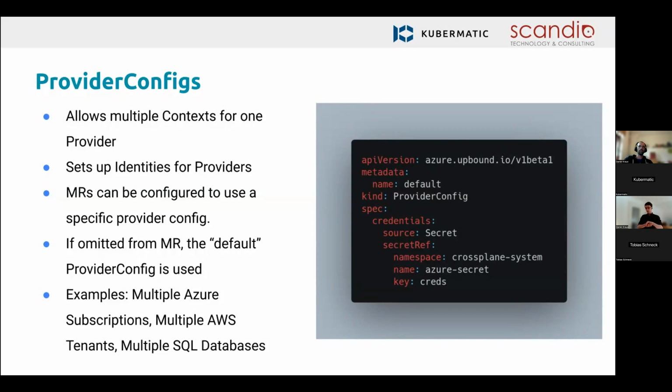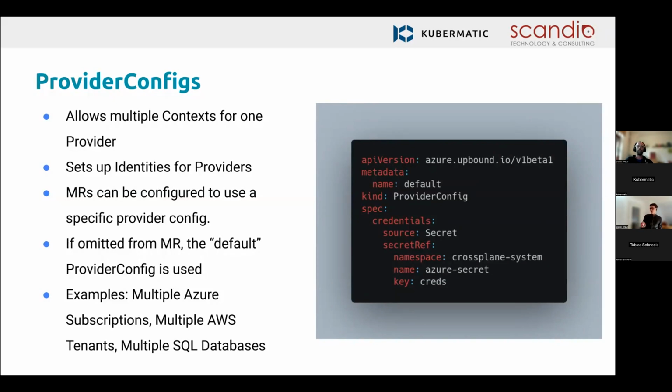For example, multiple Azure subscriptions, multiple AWS tenants. It's the same thing all over again. Its main purpose is to provide credentials to the provider. And if you want to use a certain provider config, you reference that in your managed resources, and then it will be deployed using that provider config. If you omit that field, it will just be using the default provider config.